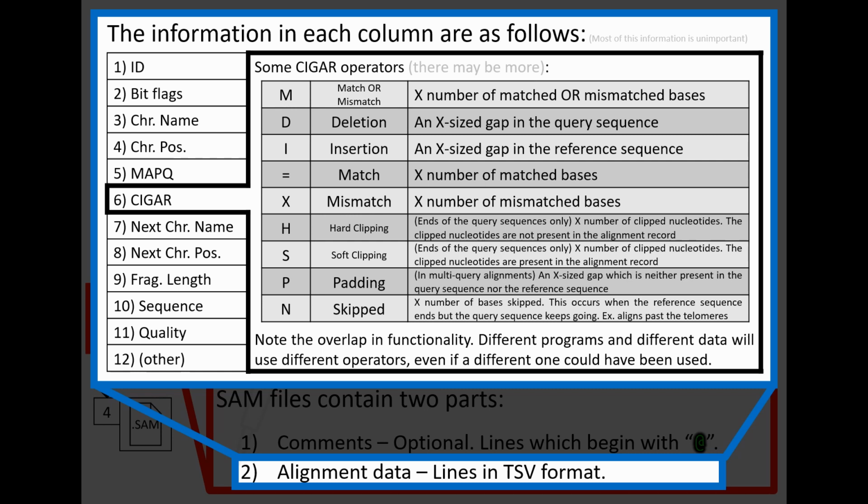According to the official SAM file specifications, hard clipping should be used when a read is chopped up into subsequences which align to different parts of the genome and are recorded in separate entries. The chopped off nucleotides will not be present in column 10 of the current SAM entry, and will instead be present in a different SAM entry.